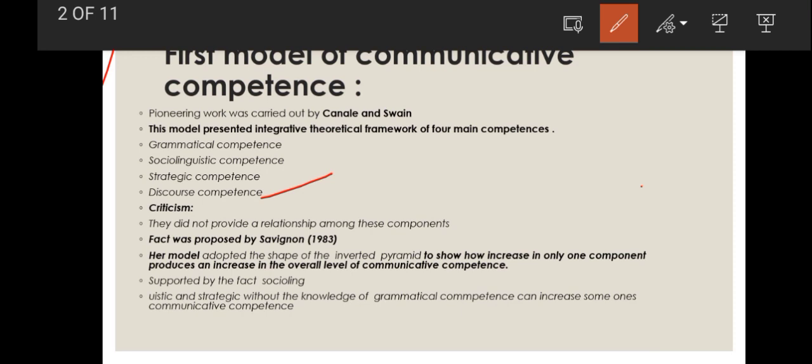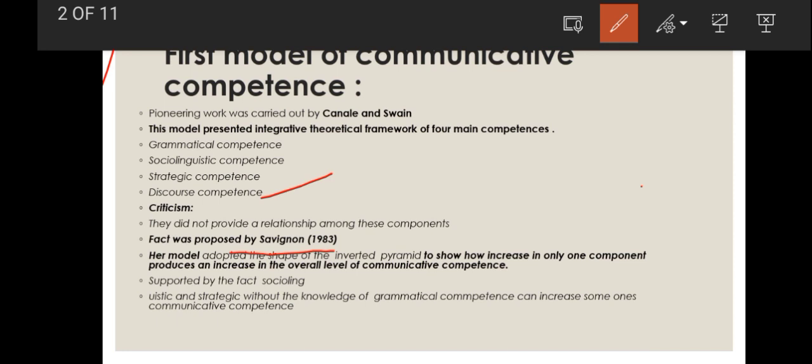This approach was hit by criticism given by Swignen. She said that the pioneers, Canale and Swain, could not give the interrelationship between the four main competences, and she proposed another view.